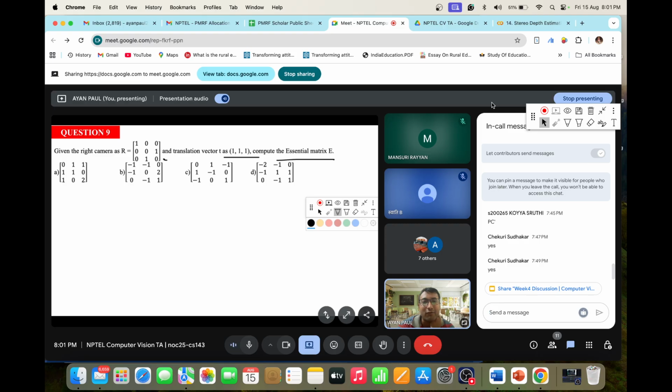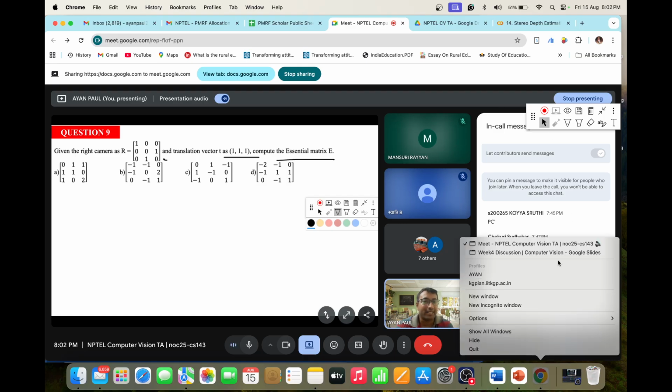Case 2 of the special cases of the fundamental matrix. The first case is the fundamental matrix equals small mx into capital M. The second case is where K dash is also equal to I. In this case, what is the fundamental matrix? That is the essential matrix, right? F equals E equals, anyone? Come on, it will be Tx into R, right?